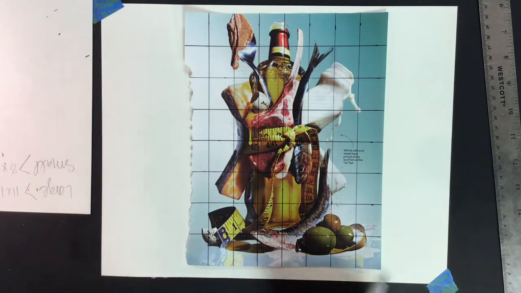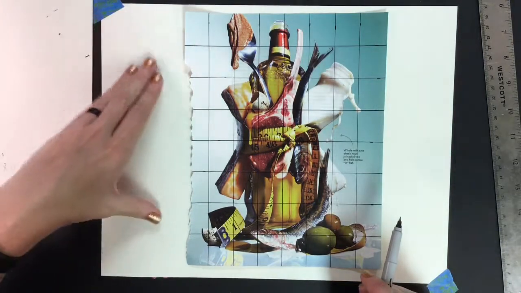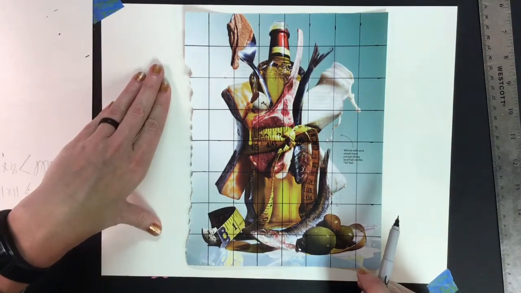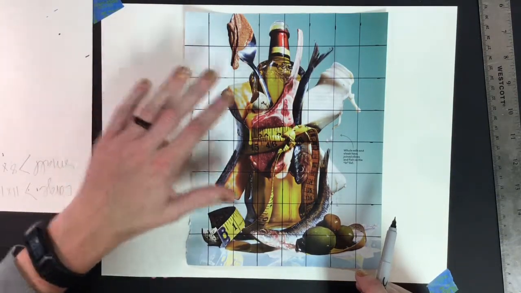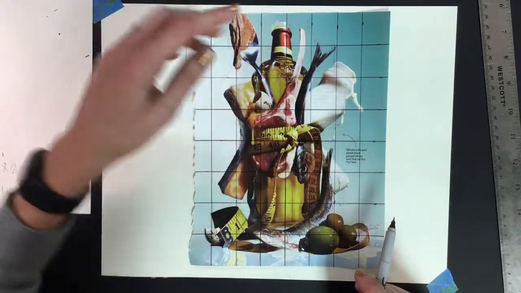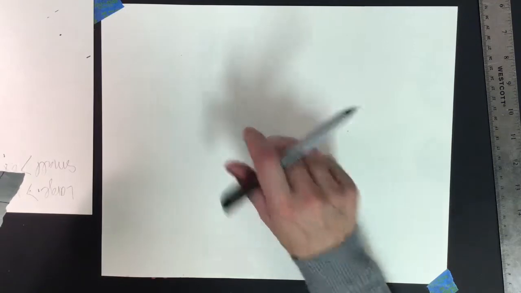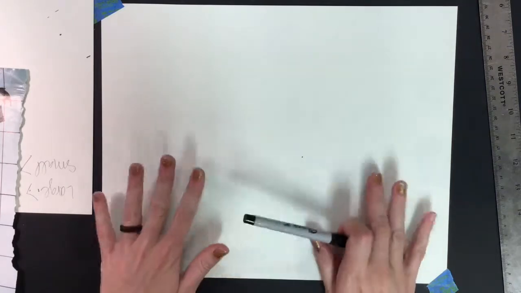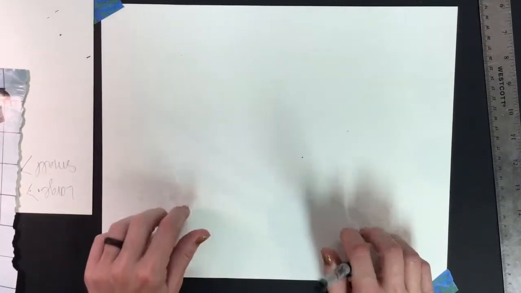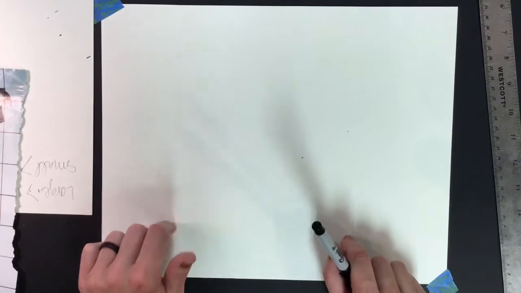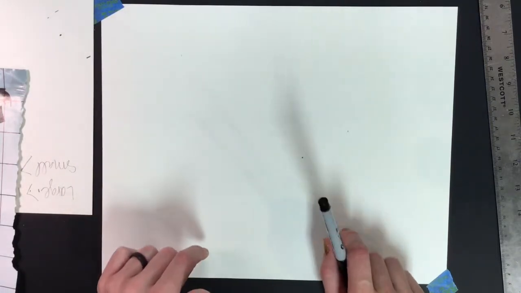And the reason for this is so that I can grid my paper, which is the same proportions as my picture. I'm going to grid my paper. I'm going to do this with pencil though, and I'm going to do it really lightly so that it can be erased, because I'm not going to want it in my final piece.